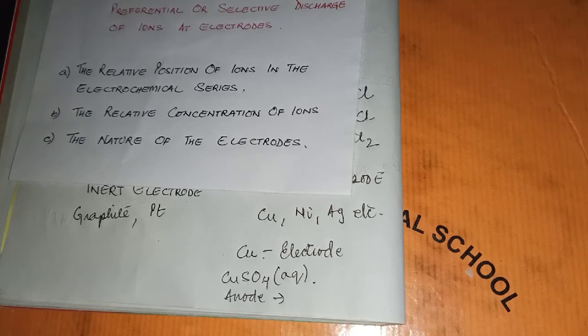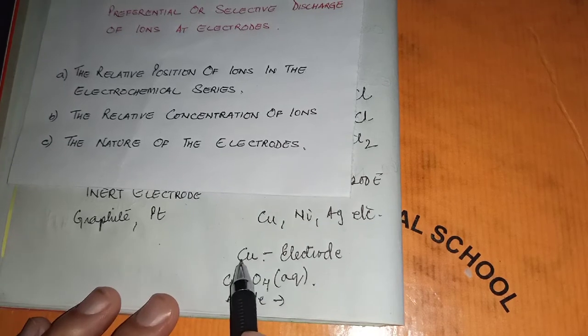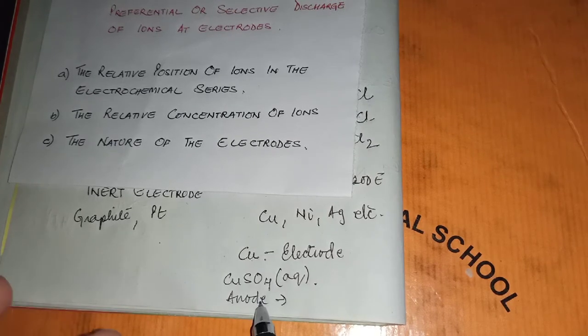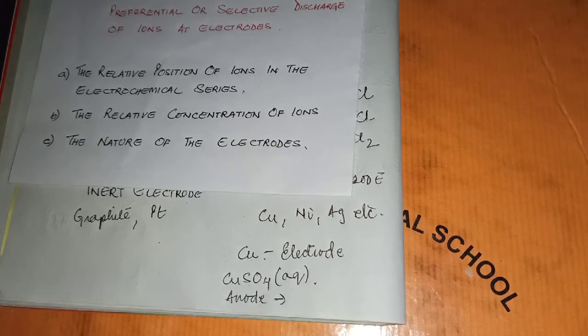Now at the anode, the reduction reaction will be effected. There will not be the same type of reaction taking place at the anode when the electrode is not made up of copper. So at the anode there will be a different reaction. That means different ions or different types of reduction reaction will take place at the anode.